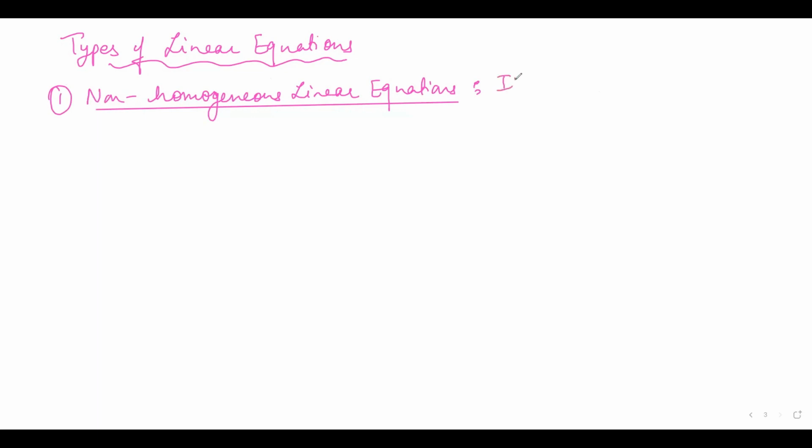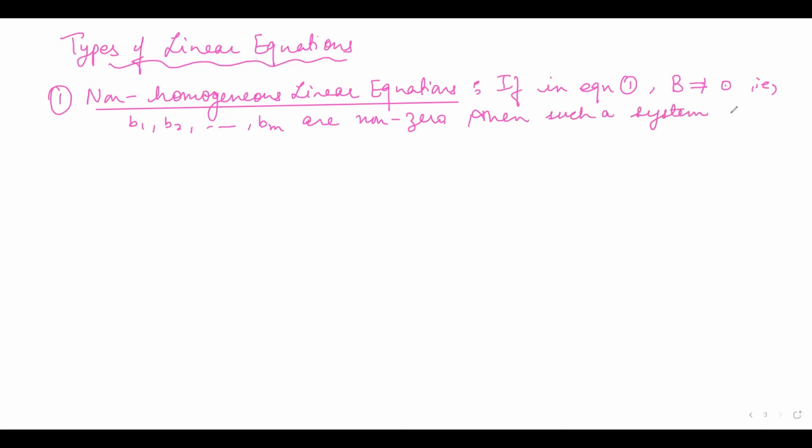If in equation 1, B is not equal to 0, that is B1, B2 up till Bm are non-zero, then such a system is called non-homogeneous linear equations.